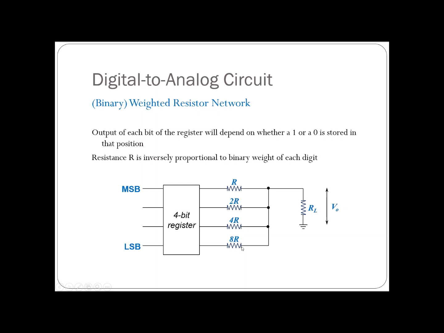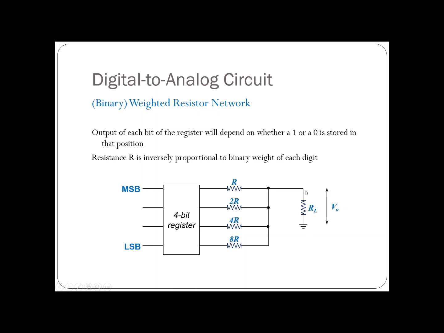But let's take the case of only 4 bits here. I connect the MSB to the lowest resistance, R, and the LSB to the resistor with the highest resistance value. I put all of these 4 resistors in parallel, and then connect them in series with a load resistor.